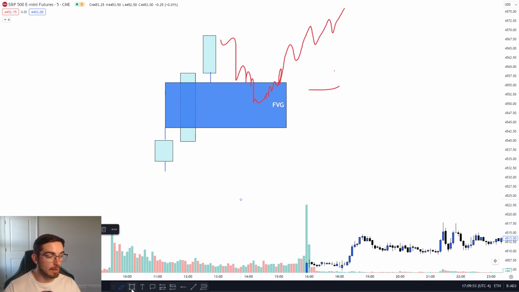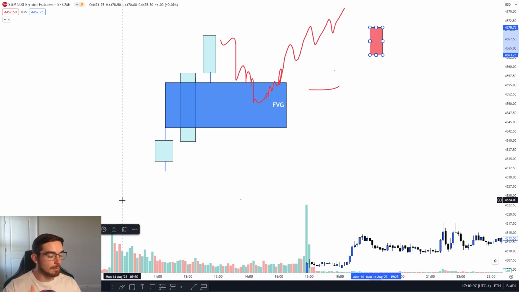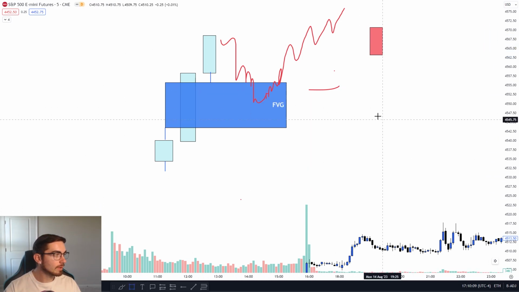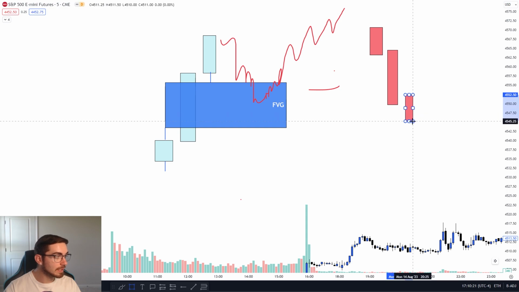Now we also have downside fair value gaps. So from there, what we're looking for, again, it could be a green candle to start off, or it could be a red candle to start off. The main thing that we want to pay attention to, though, is this second candle. We want to look for a strong, aggressive move away from that first candlestick, right? So as we start getting that, and then we get the third candlestick, again, this could be green, it could be red.